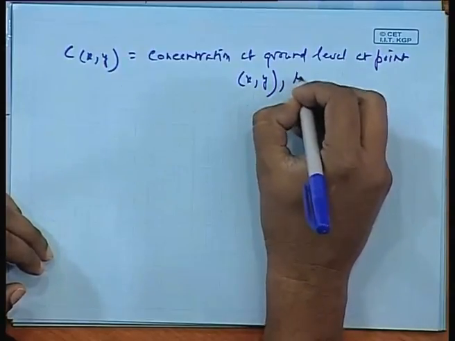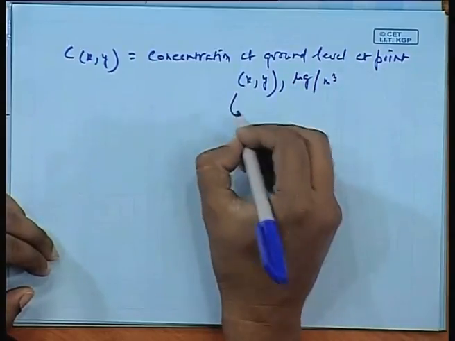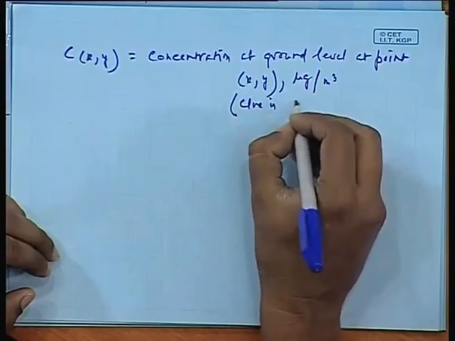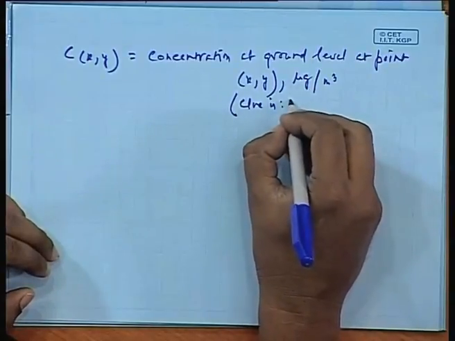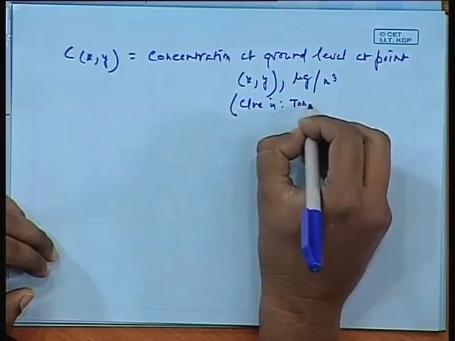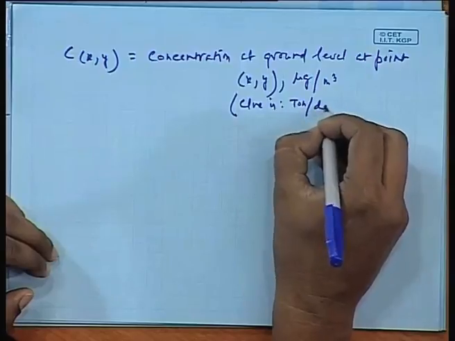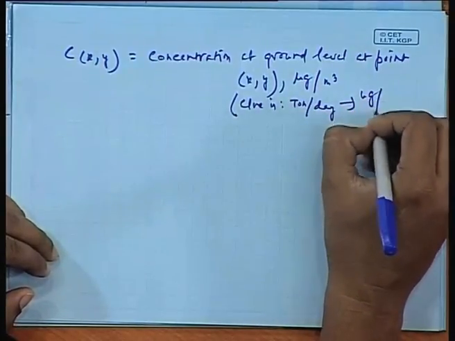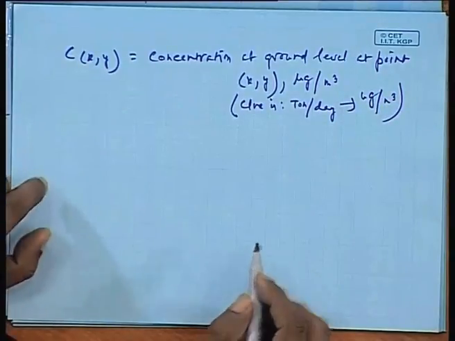Remember this, the unit is microgram per meter cube. The clue is, if the value is given in terms of, say, tons per day, you have to convert it to microgram per meter cube. Remember this, don't ever confuse this.